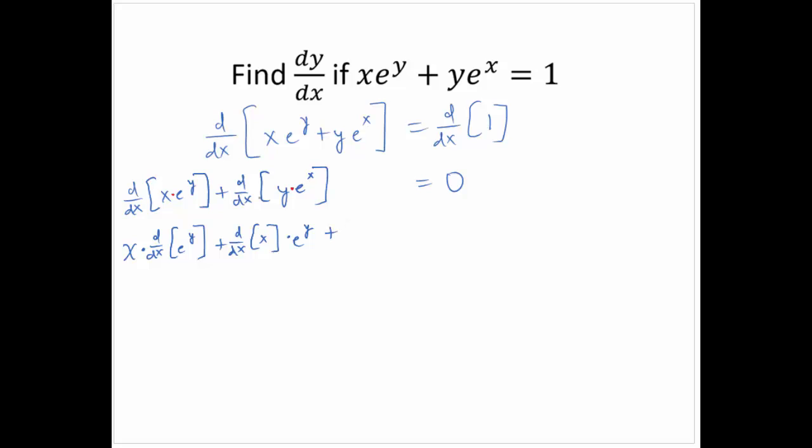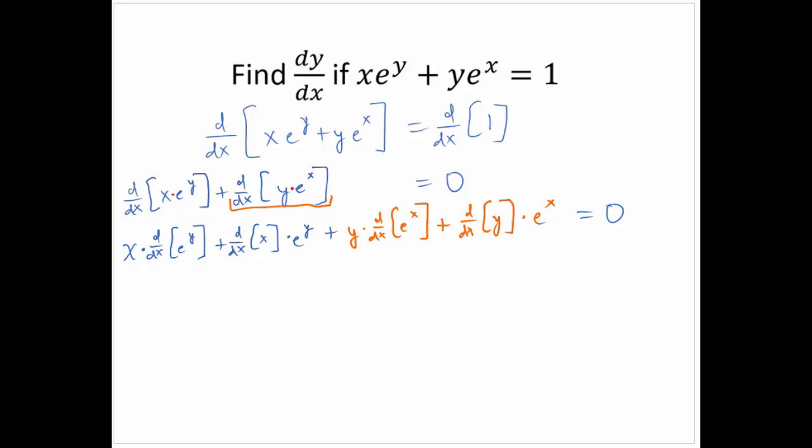So that's from the first term. Now here's the second term. d by dx of y e to the x. That would be y times d by dx of e to the x plus d by dx of y times e to the x. And that's still equal to 0. All right, so that's the product rule.